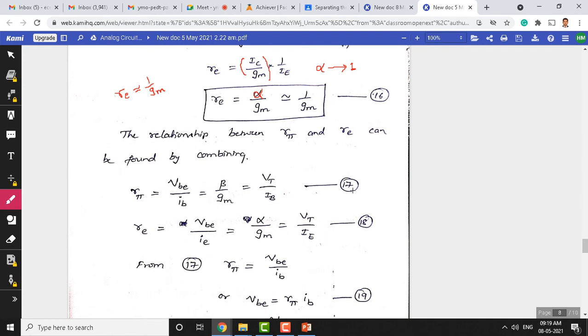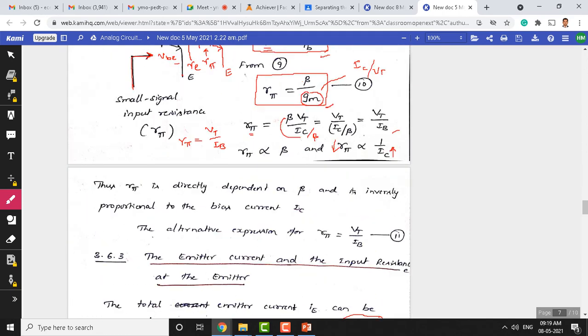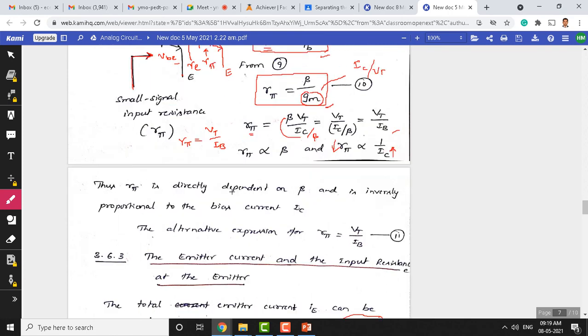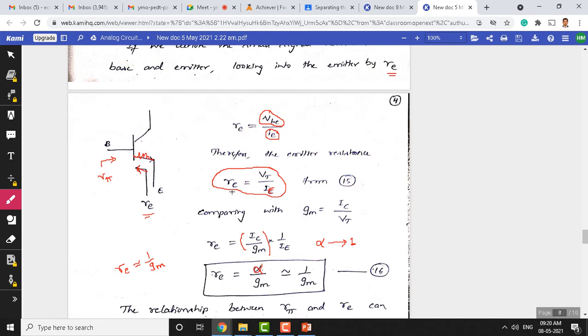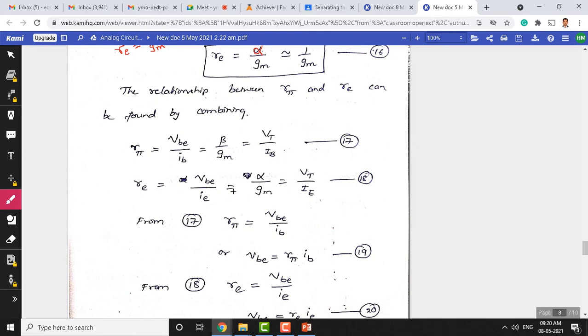Look at this expression here: beta by gm, that is R pi, and VT by IB, that is also R pi, and according to the definition R pi is VBE by IB. So I am rewriting the same equations here to show the relationship between R pi and RE.